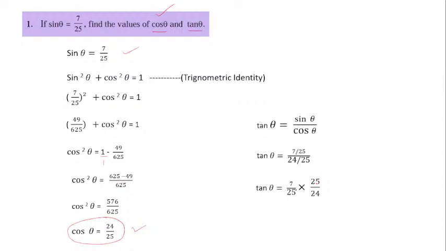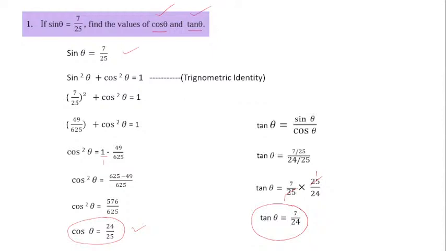Now in the numerator and denominator, 25 will get cancelled. So in the numerator we have 7 into 1, that's 7, divided by 24 into 1, that's 24. So this is the value of tan theta, that is 7 divided by 24. So we have also got the answer of the second question, that is tan theta.